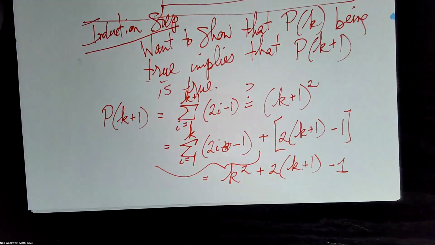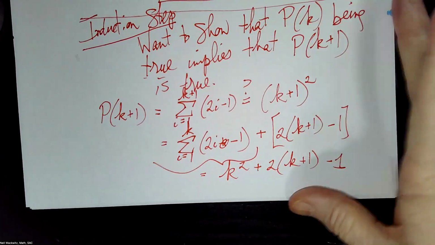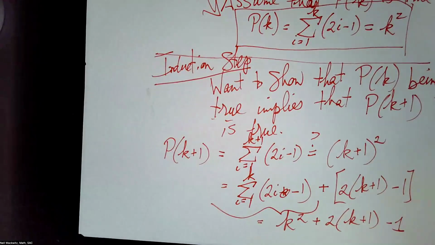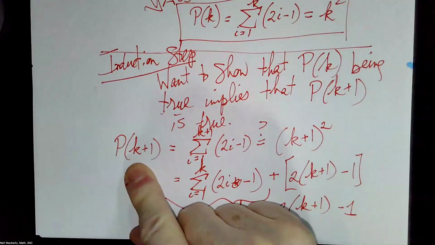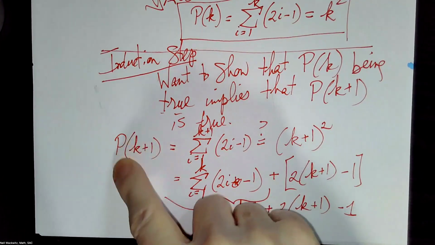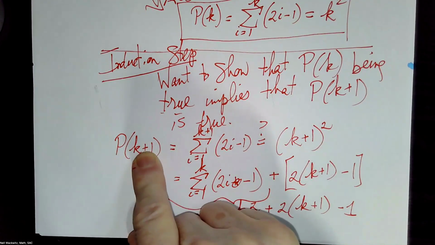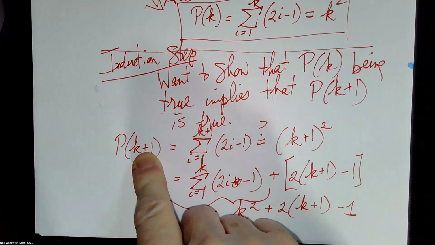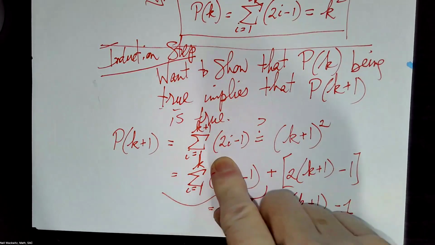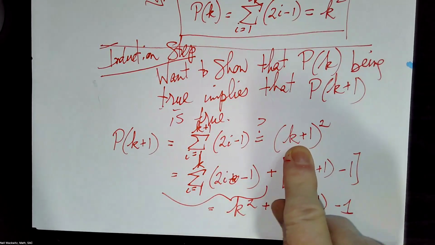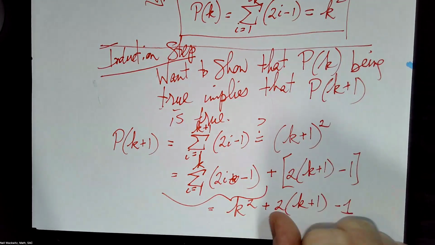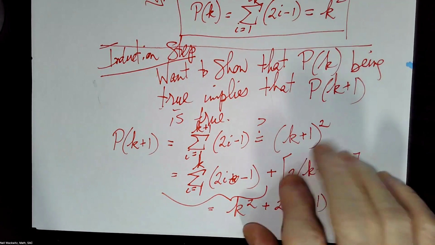Well, what in the heck? But let's go back and look at what we are trying to show. We want to show that the k plus first step, this mess, is equal to k plus 1 quantity squared.